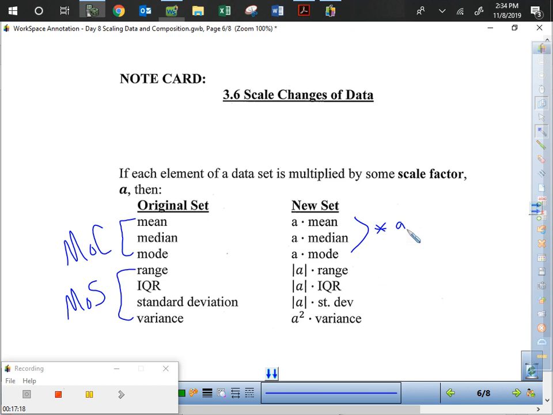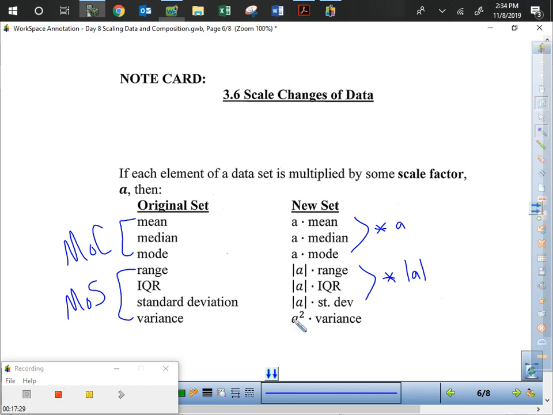But then our measures of spread are going to get multiplied by the absolute value of A. We didn't see that in the first example because we were already multiplying by a positive A value. And then the last one is A squared.